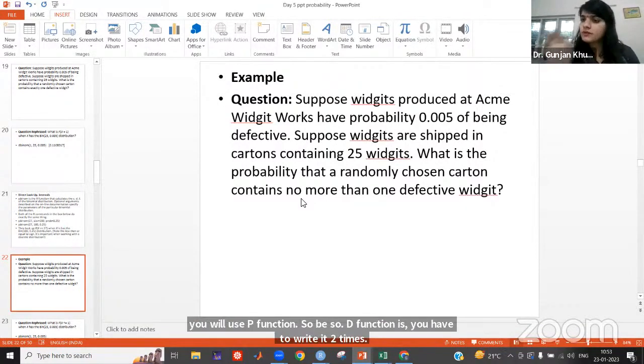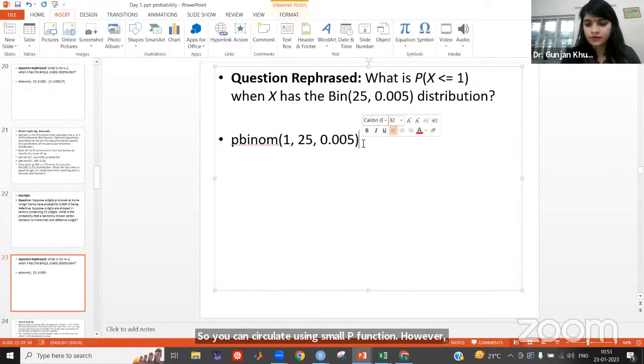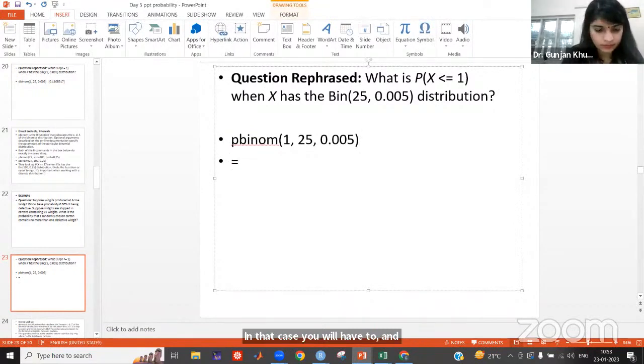For 0 and 1, meaning less than or equal to 1, you can calculate using the small p function. However, you can calculate it through the d function also, in which case you will have to add. Can you tell me the answer?